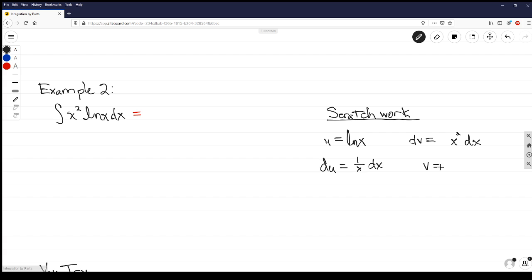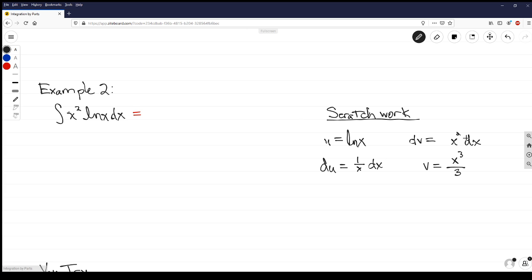And using my power rule, that's going to be x cubed over 3. Ordinarily if we were to integrate and take the antiderivative, we would put a plus c here, but we're not going to use the plus c in this part right here, so I'm not going to write it.